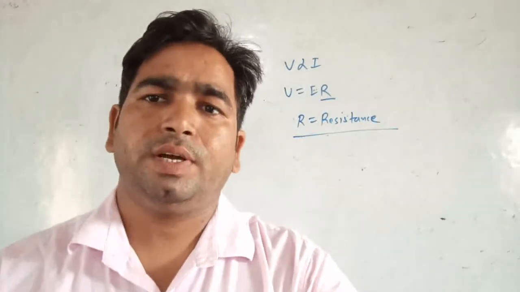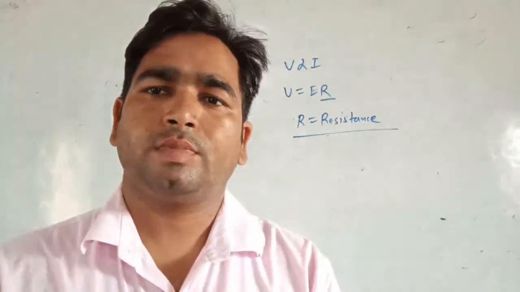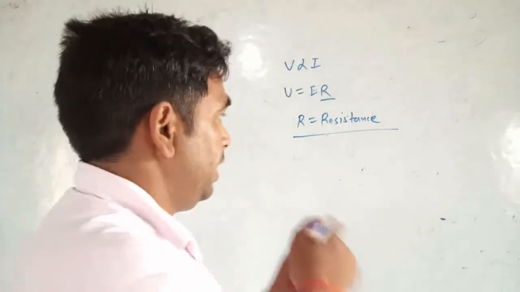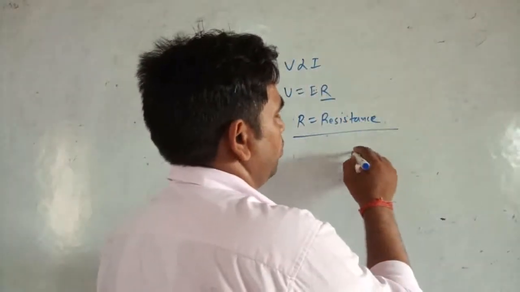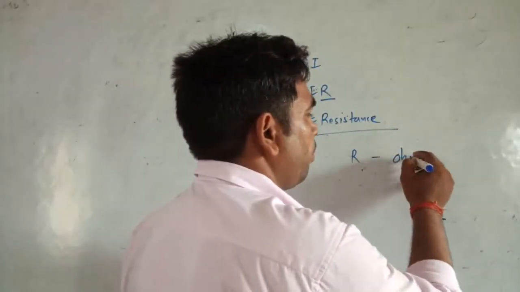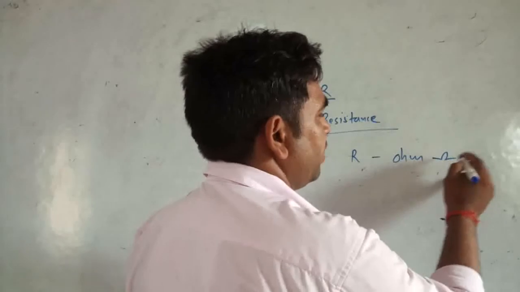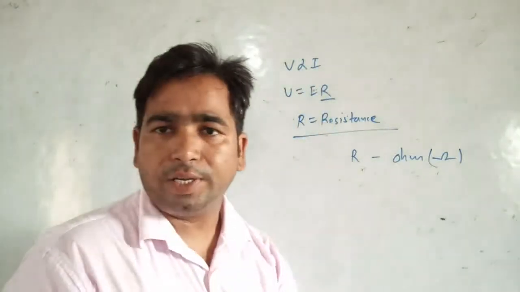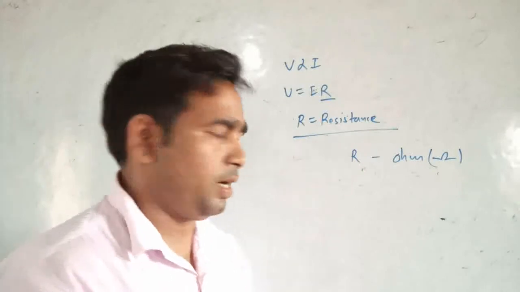R depends on the dimensions of the conductor. The unit of resistance is ohm, and its symbol is this. Now we will study what R depends on.